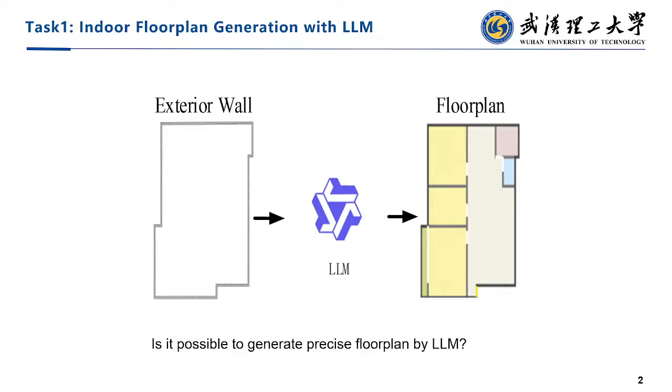We try this for floor plans and indoor design. In this research we try to understand whether it is possible, since this is a very important issue for indoor design.